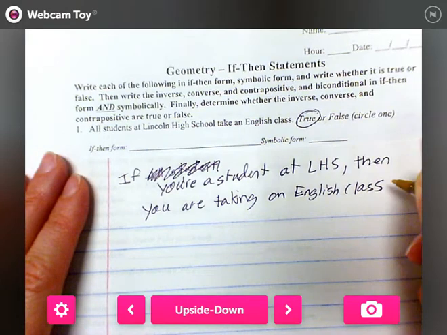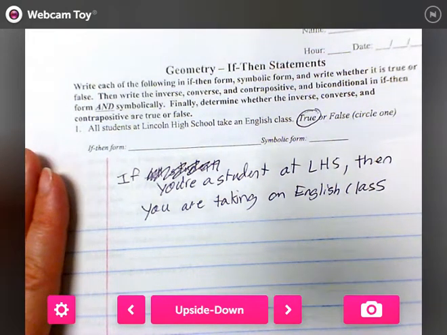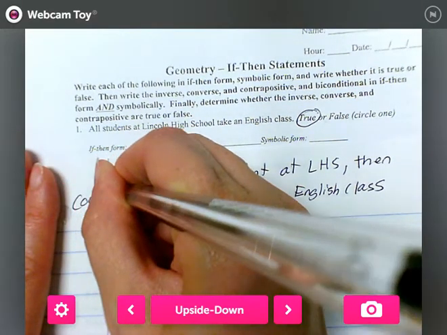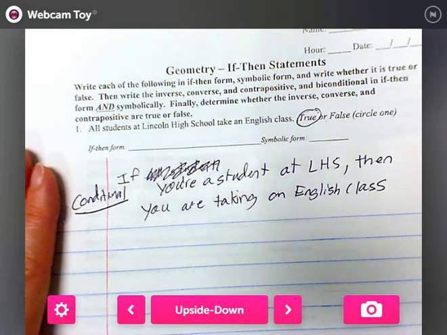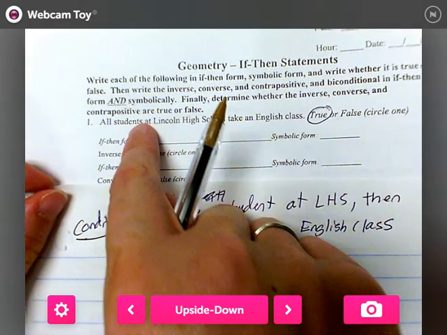So far, so good? If you are a student at Lincoln High School, then you're taking an English class. This is what we call our conditional statement. An if-then form. Okay? Or you can put it there if you can write that small.